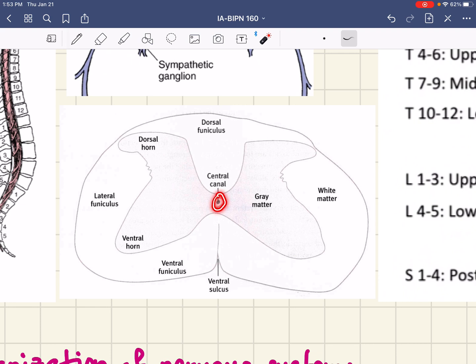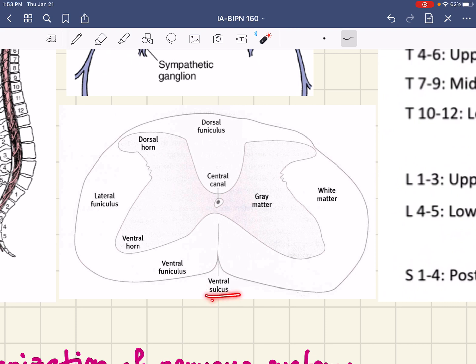Central canal is a canal that runs all the way through the spinal cord, and it also connects to the different ventricles in the brain that we will talk about later in the quarter. The ventricles and the central canal, as you remember, contain the CSF, the cerebrospinal fluid, which nourishes the central nervous system. And there's also a ventral sulcus.